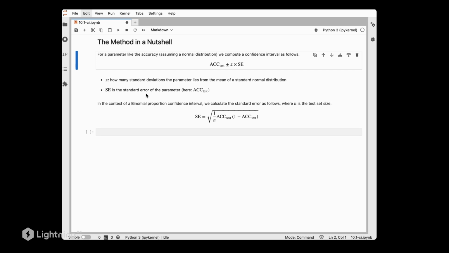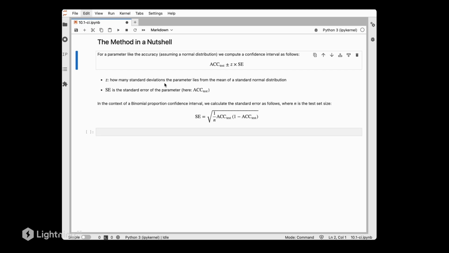But if you are familiar with distributions, this method works by assuming that we have a normal distribution, and then for a parameter like the accuracy, we can compute the confidence interval as follows. So we take the accuracy, and then we have plus minus z times the standard error of the parameter. So z is essentially how many standard deviations the parameter lies away from the mean of the standard normal distribution.